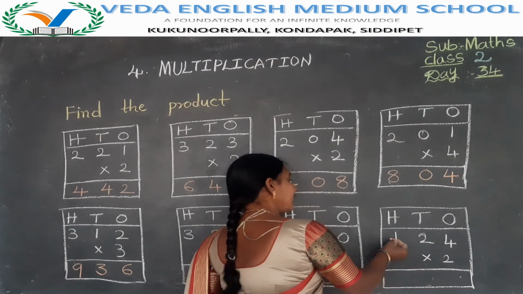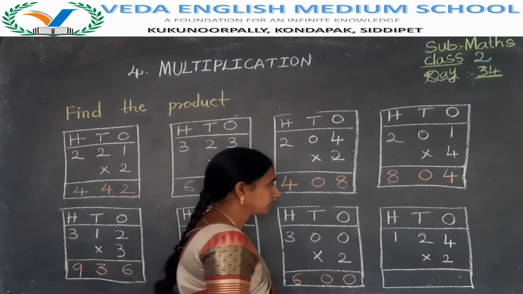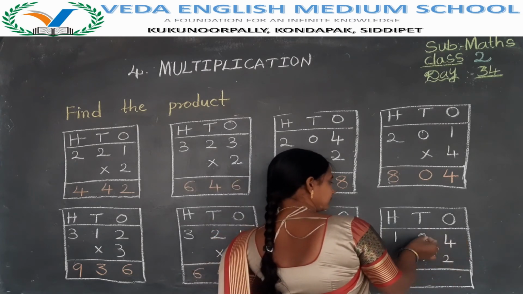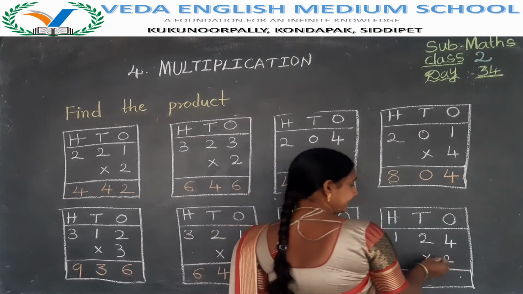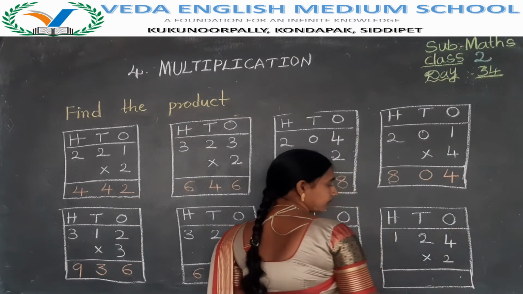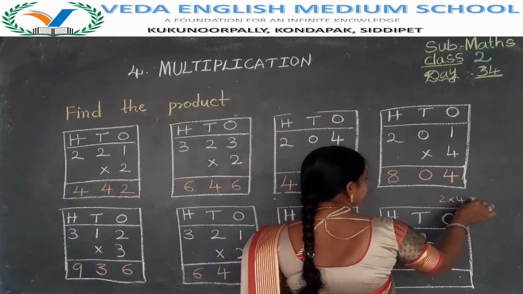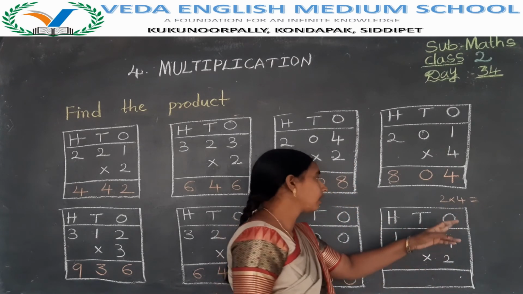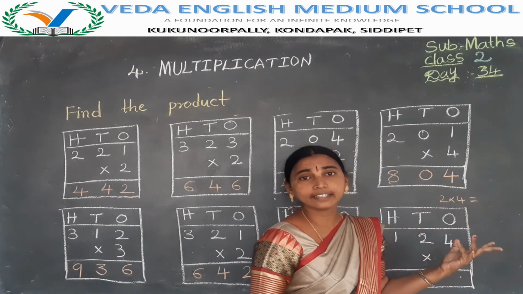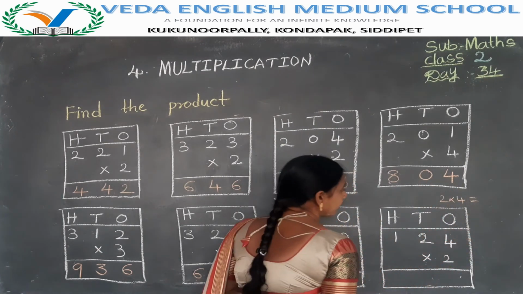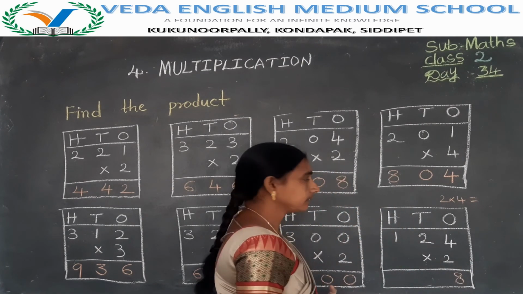See, last problem. Multiply 124 by 2. The ones place is 4, the tens place is 2, the hundreds place is 1. Multiply digit 2 in the ones place by 4. That means 2 into 4. 2 ones are 2, 2 twos are 4, 2 threes are 6, 2 fours are 8. So now write 8 under the ones place. Okay?